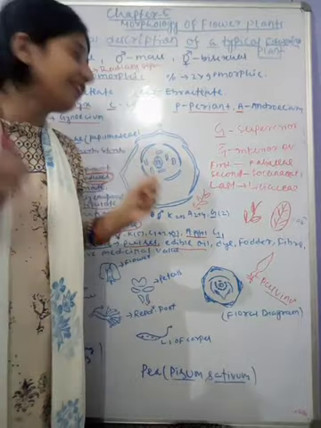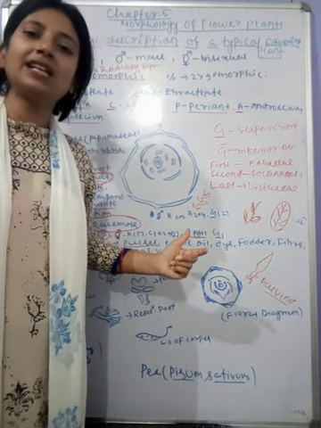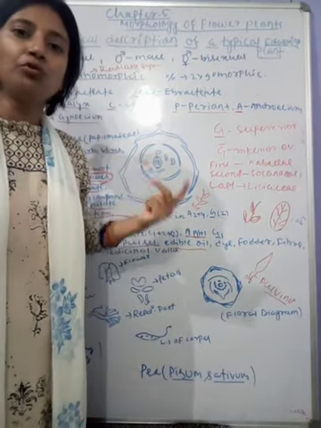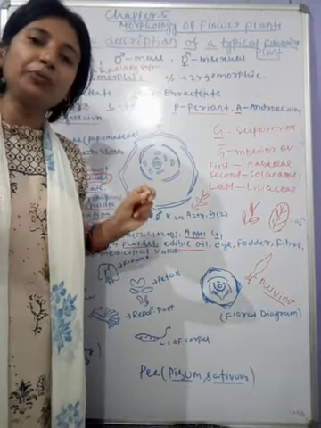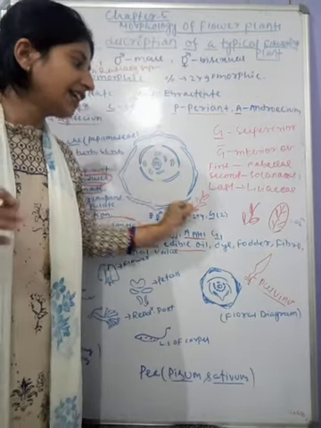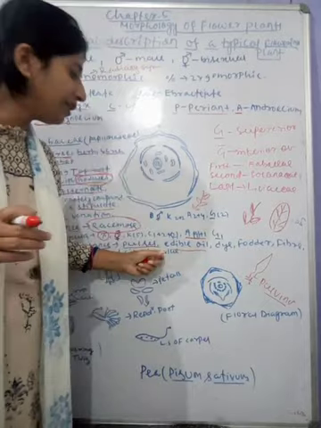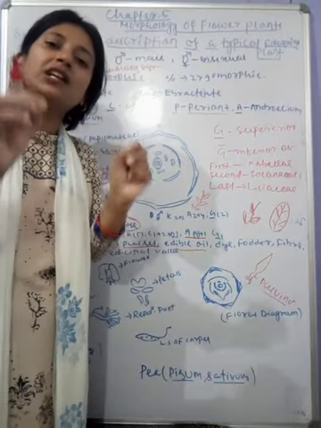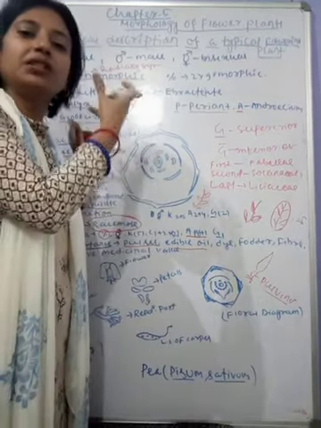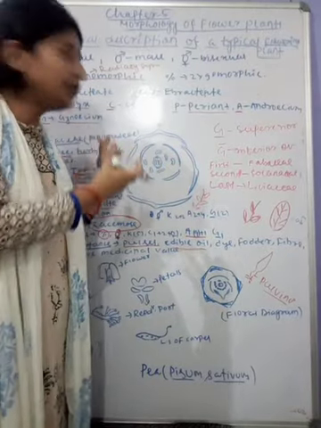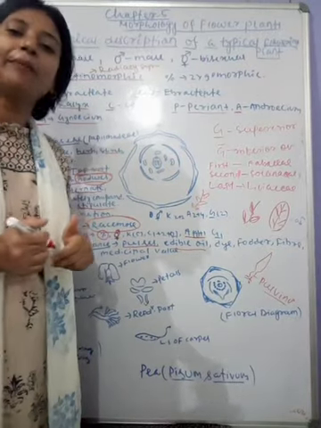Nothing to worry that the family is so large, how can we memorize it. You need not memorize it. You just understand the floral formula and economic importance. Then you will yourself be able to describe the complete family. For today, this is all about the family Fabaceae.